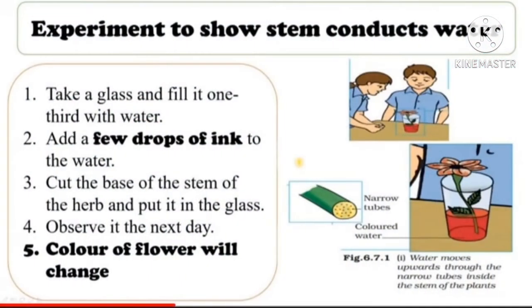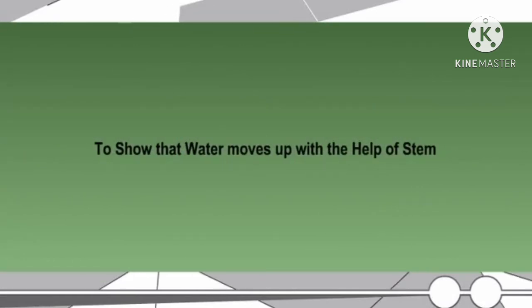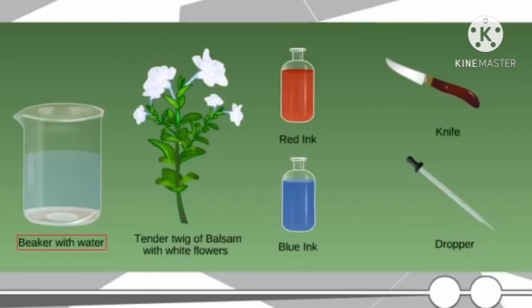Children, here we have an experiment to prove stem conducts water and minerals to different parts of the plant. To do this experiment, we need a glass beaker, water, ink and a herb.